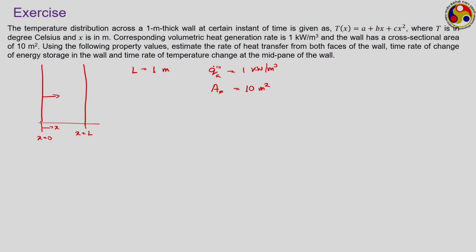We have to use this information to estimate the rate of heat transfer from both the faces of the wall, the time rate of change of energy storage in the wall, and the time rate of temperature change at the mid plane of the wall. The mid plane refers to x equal to L by 2, that is 0.5 meter.